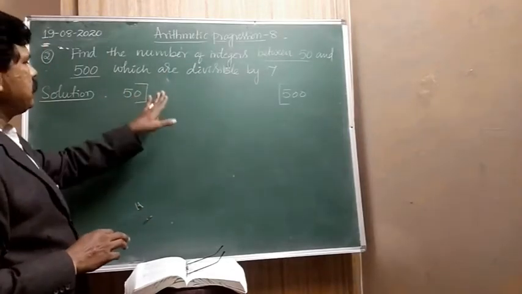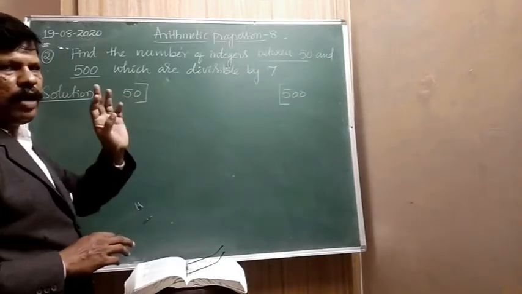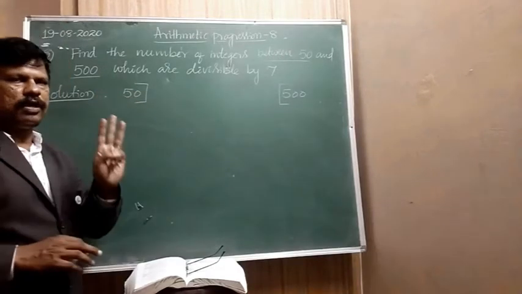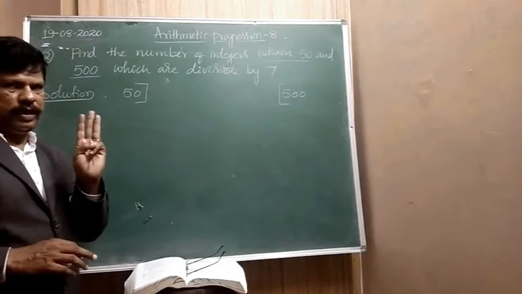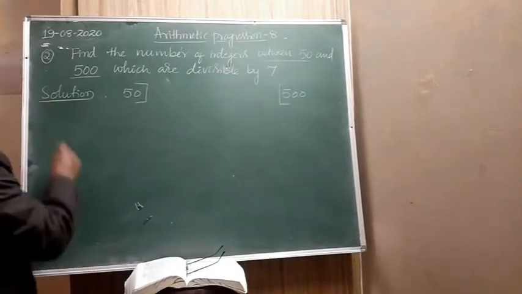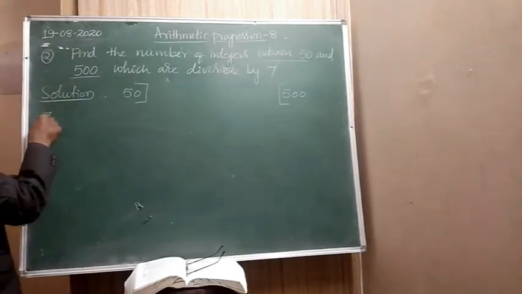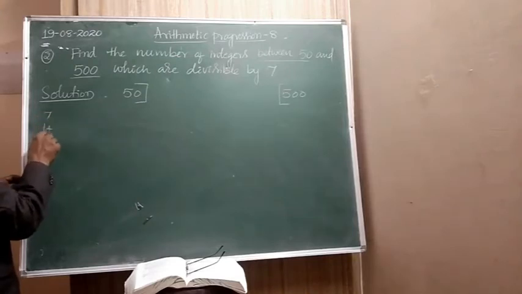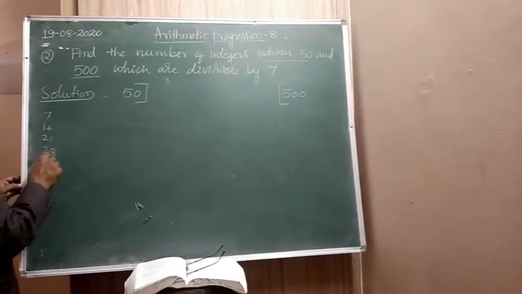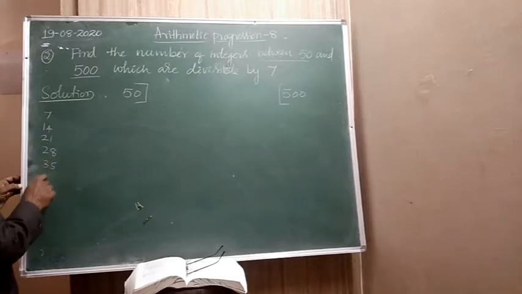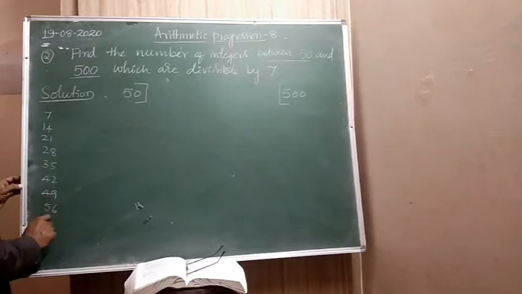Now, after 50, 51 is not divisible by 7, right? Recall the table of 7: 7, 14, 21, 28, 35, 42, 49, 56, 63, 70.